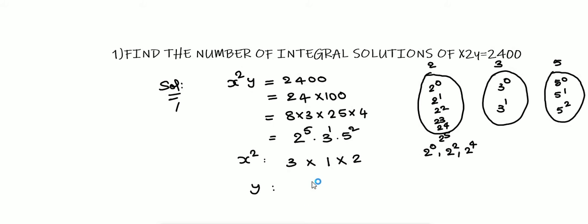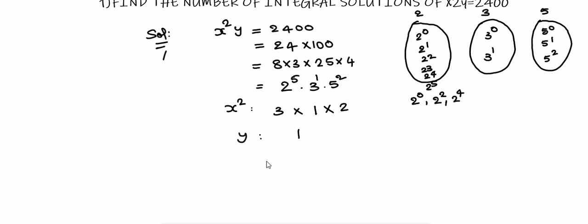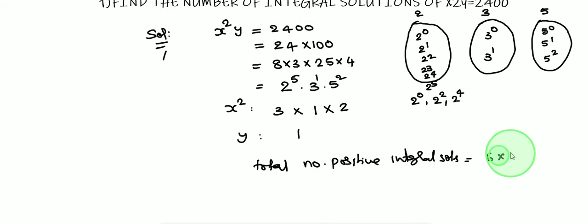So for each case, you will get only one way, there is no other choice. So by multiplication theorem, you can say the total number of positive integral solutions in this case is 6 times 1, which is nothing but 6.